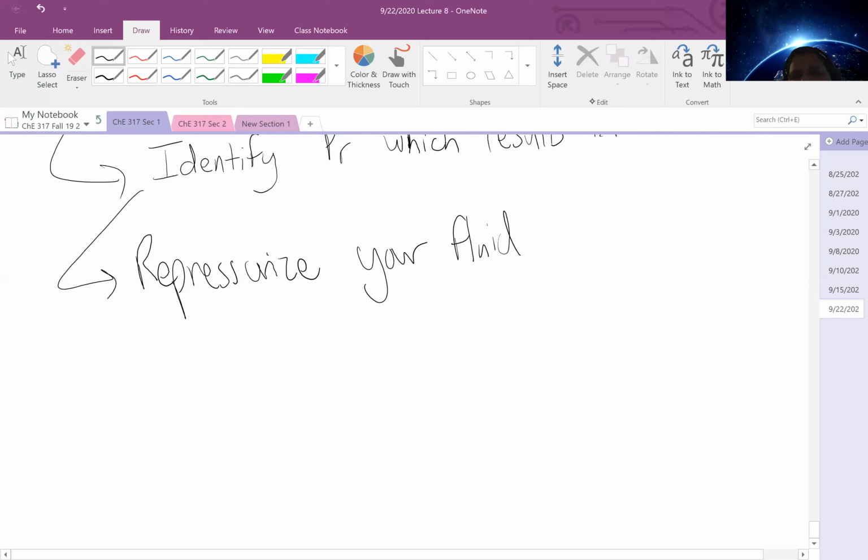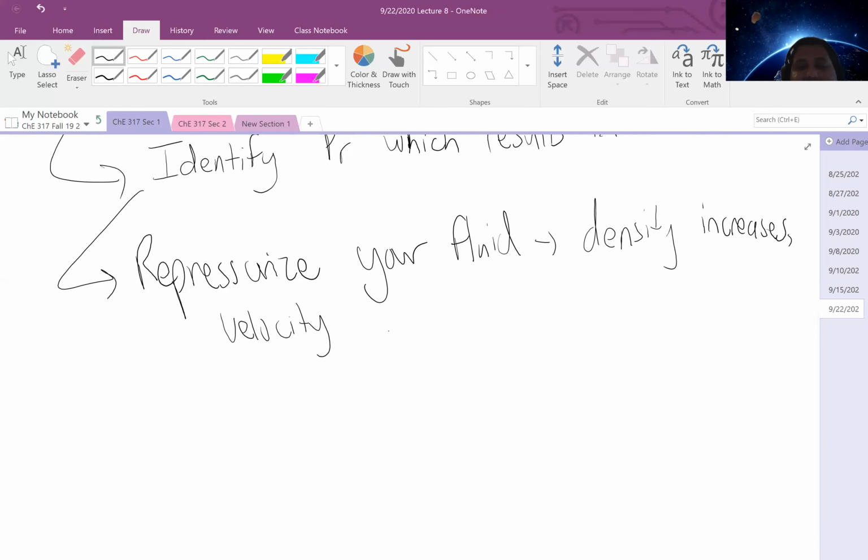Because if you repressurize, your density increases, and since the density increases, your velocity will decrease, and you'll move away from that choked flow system.